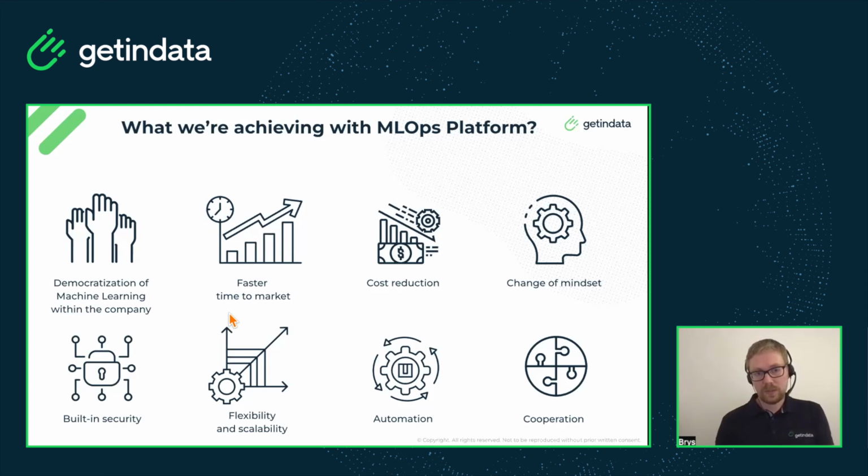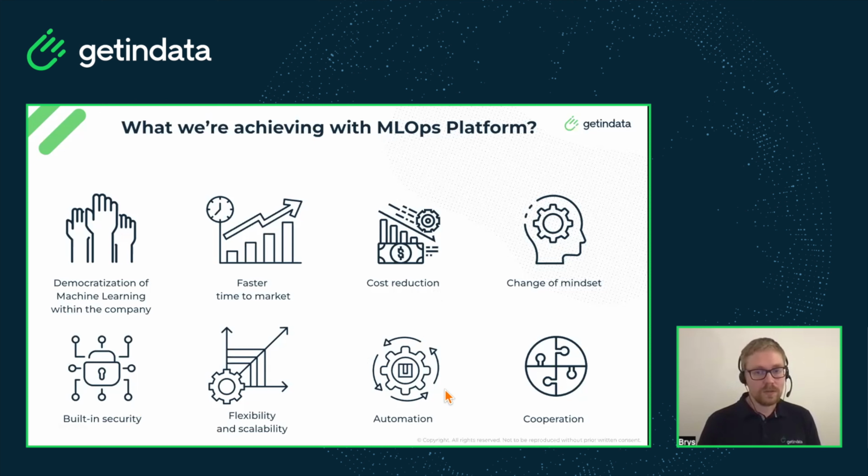With the machine learning model pipeline concept, it also improves the time to market. You've got cost reduction, because you may leverage serverless services, which means that you pay only for the resources you use. You've also got many more benefits, like built-in security, because when you set up your things on a cloud platform properly, it's secured and there is no public data exposed and so on.